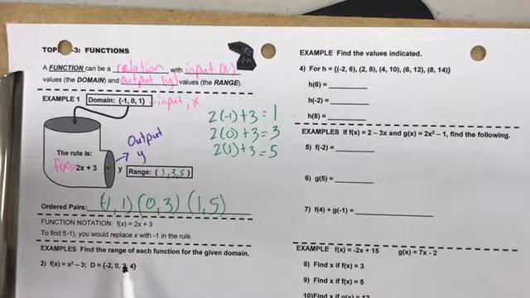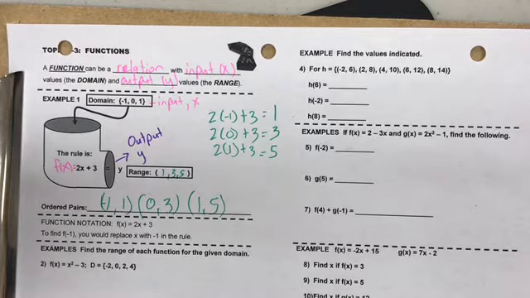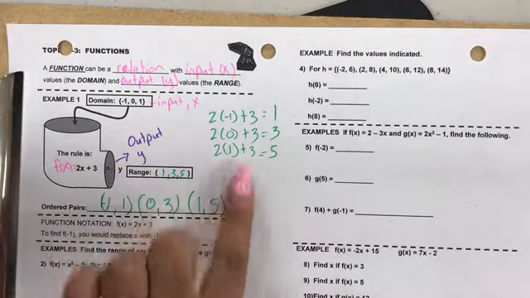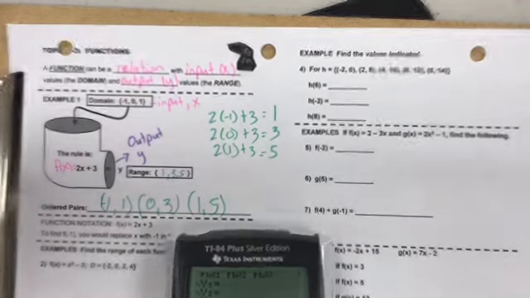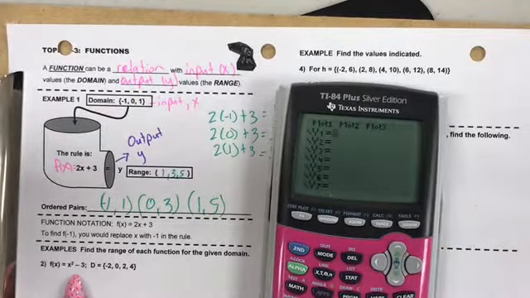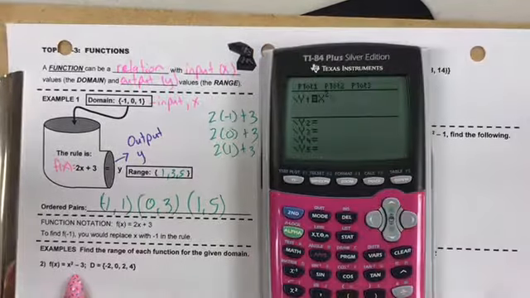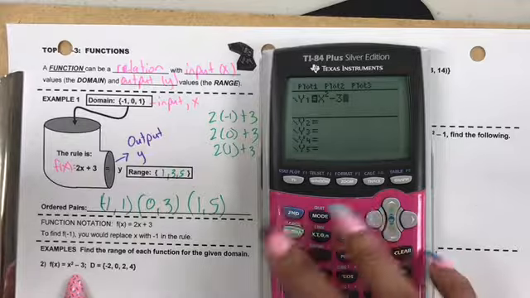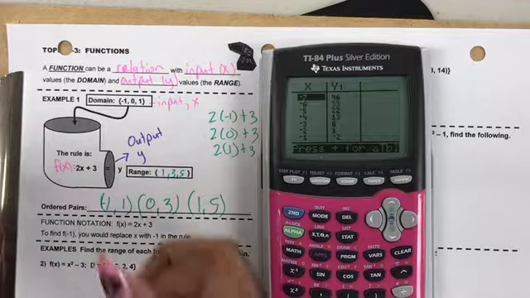Okay, example, find the range of each function for the given domain. So here's my given domain, and I'm going to find the range. So here's how to do it on the calculator. We did it by hand here. On the calculator, you would go to y equals, and you would type in the function x squared minus 3. And then you will look at the table. Now, again, your domain is your x values.